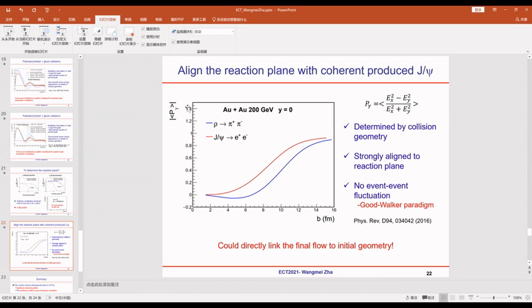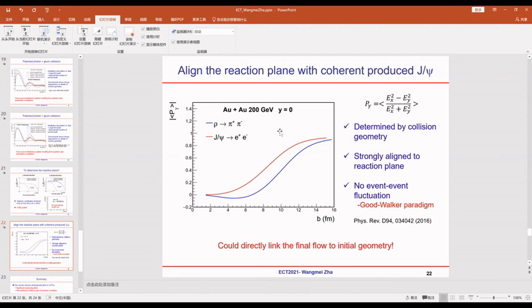This shows the degree of polarization for the J/psi, shown as the red one. The number of the P gamma represents the alignment to the reaction plane.